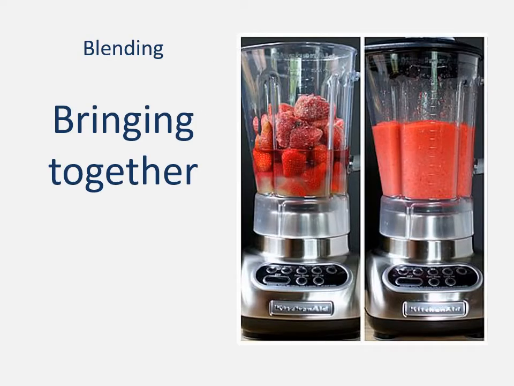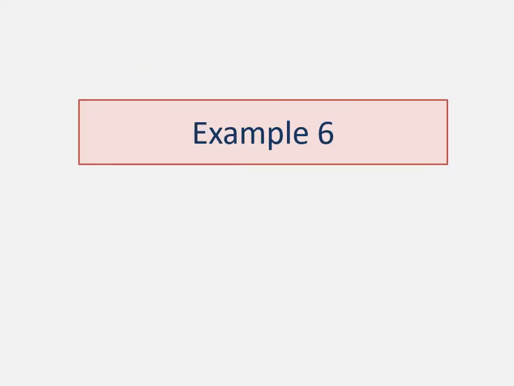We've talked about segmenting, but now we're going to look at blending. Example 6. F, l, a, g. F, l, a, g. The phonemes you heard were f, l, a, g. Example 7. S, m, e, l.